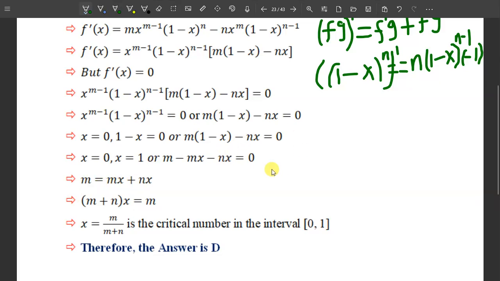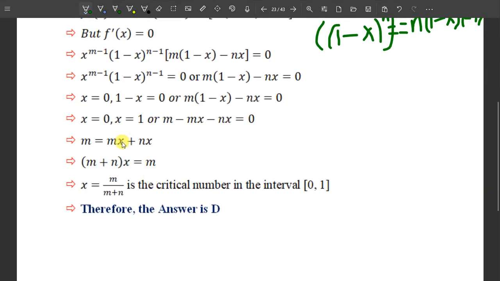It becomes positive. Then common out x, it will leave behind m plus n times x is equal to m. Then divide both sides by m plus n, it becomes m over m plus n.